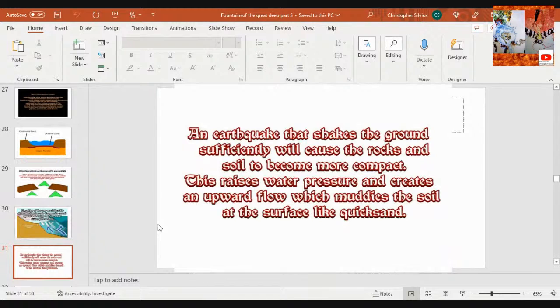An earthquake that shakes the ground sufficiently will cause the rocks and the soil to become more compact. This raises water pressure and creates an upward flow, which muddies the soil at the surface like quicksand, and this is known as the process of liquefaction.